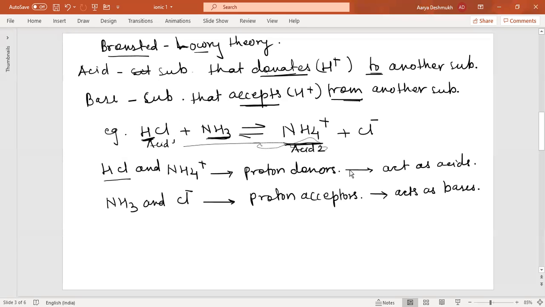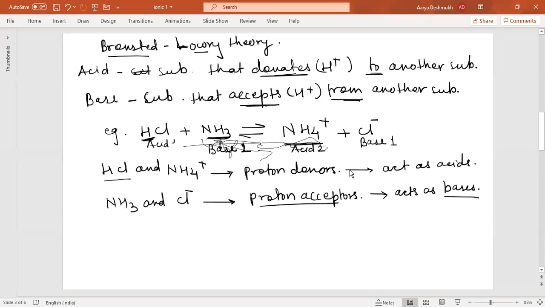Now for the others, this is your NH3, which we have already written. These are proton acceptors acting as a base. So I can write here base 2, and this is your base 1.